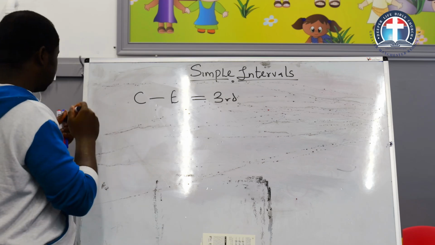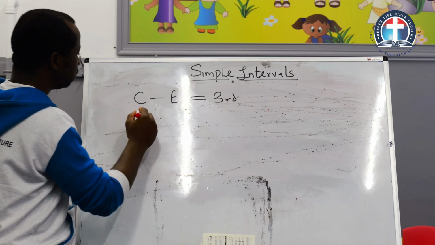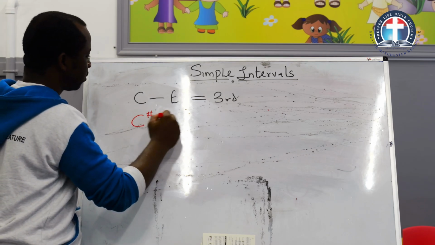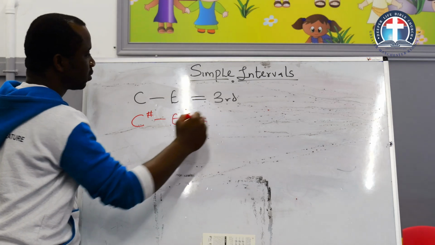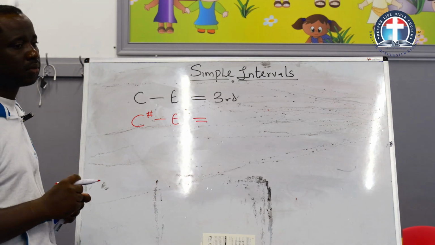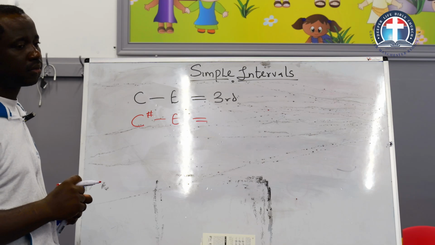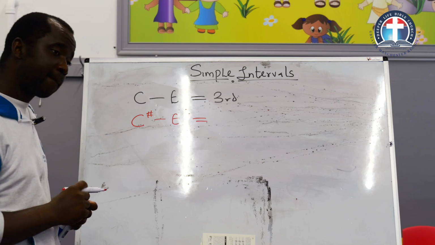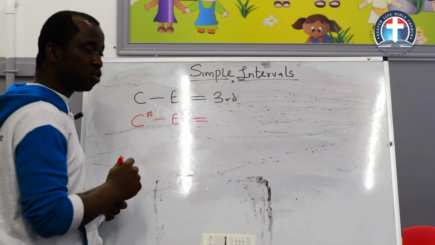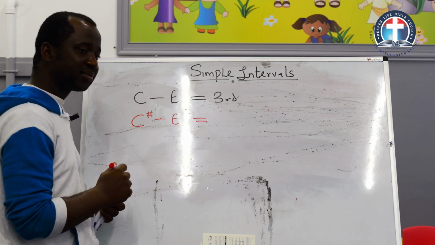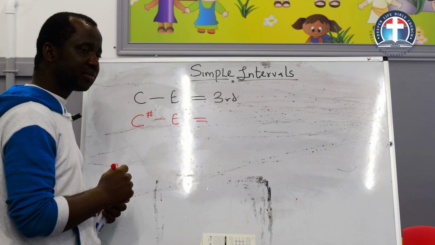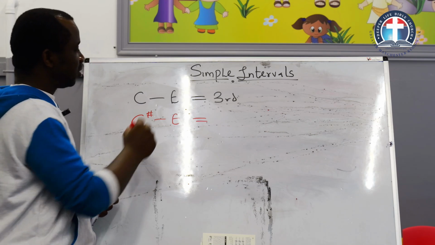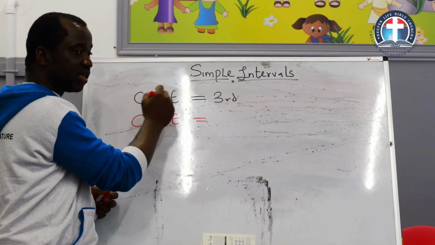What's the interval between C sharp and E? How is it 2? How did you count it? Do you understand the interval between C and E?